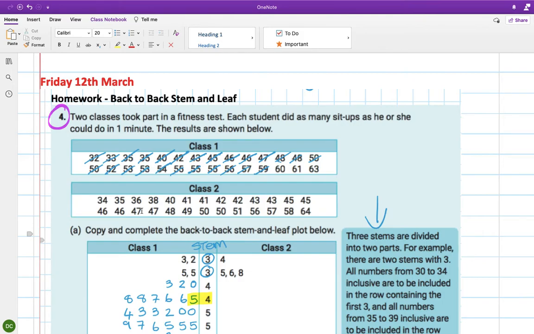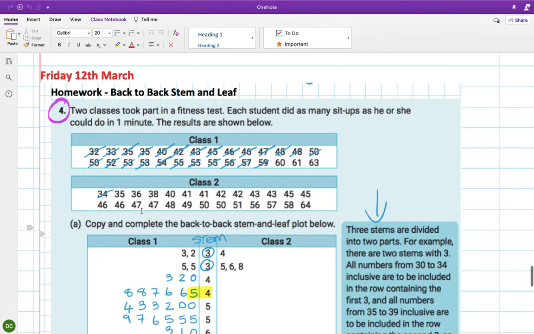Okay, so class 2, 34, 35, 36, 38. Okay, so all the 30s are done. I really hope it doesn't start going slow. Okay, I'll keep going anyway.